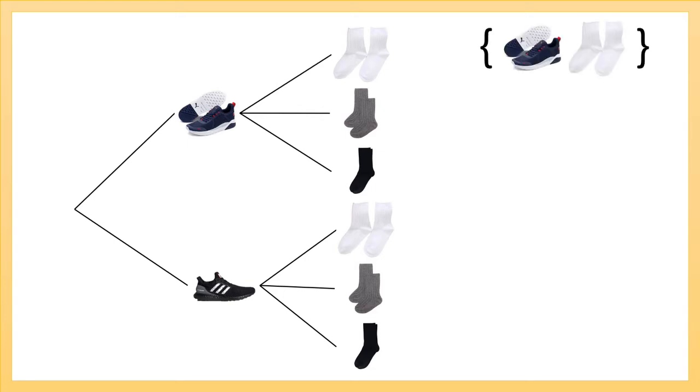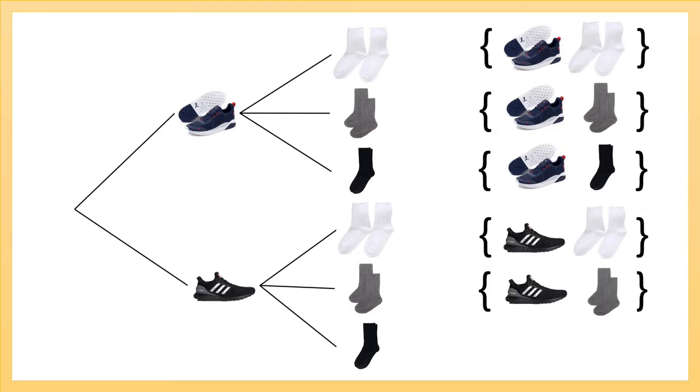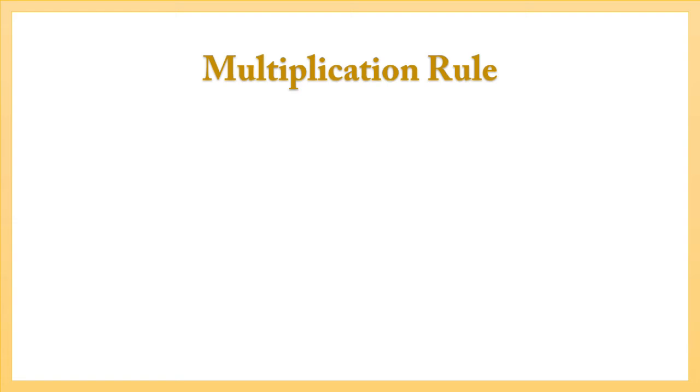So it is blue shoes with white socks, blue shoes with gray socks, blue shoes with black socks, black shoes with white socks, black shoes with gray socks, or black shoes with black socks. Our question is, how many ways to match the shoes and socks? 6 ways, correct.